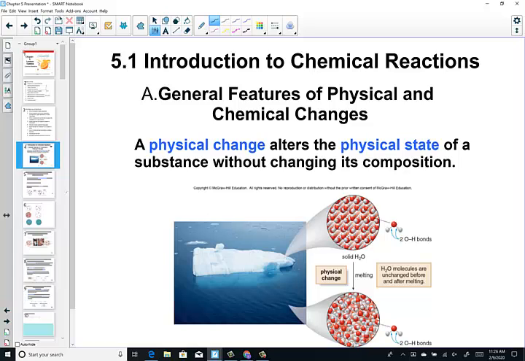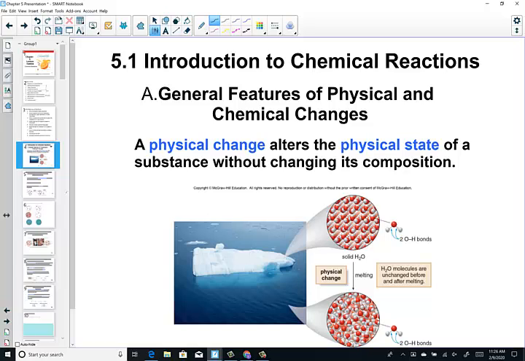An introduction to chemical reactions begins by reminding us that an equation is used to represent a chemical change. So let's go back to our very first chapter where we understood the difference between chemical and physical changes. Remember, a physical change alters a physical state of a substance, but it does not change the identity. It is exactly the same in chemical composition as it was before.